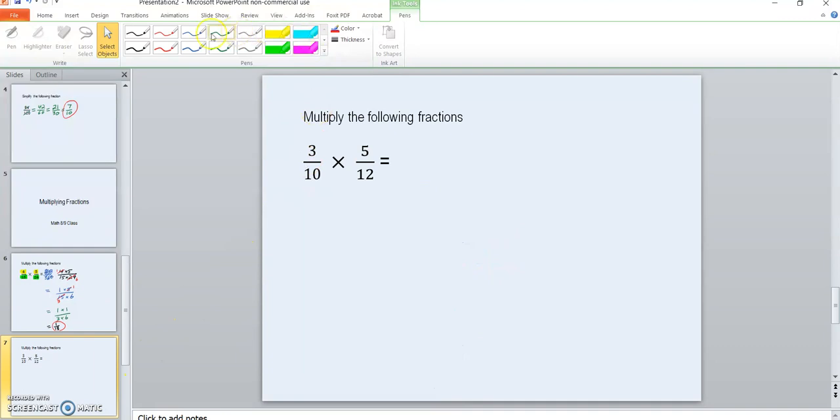Let's try another one. So we have 3 over 10 times 5 over 12. And again, rather than multiplying the numerator by the numerator and the denominator by the denominator right away, we're going to put it all into one fraction and then simplify it first.